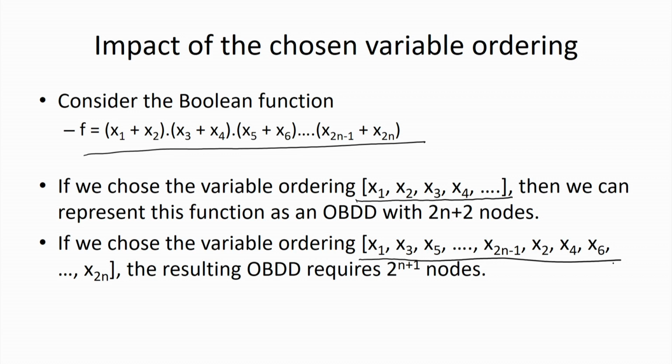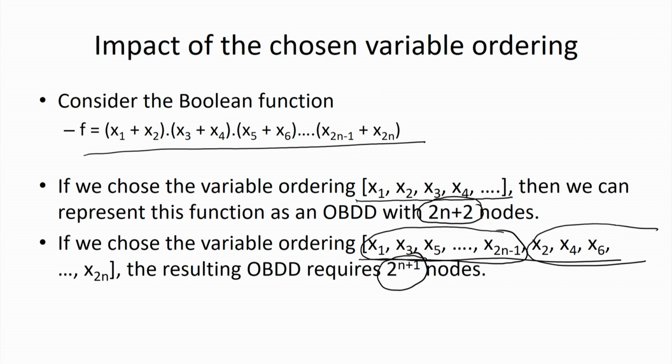That means all odd subscripts are coming at the beginning and then all the even subscripts. So, if I use this particular ordering, then the total number of nodes will be 2 to the power n plus 2, but if we use this particular variable ordering, the total number of nodes becomes 2 to the power n plus 1.